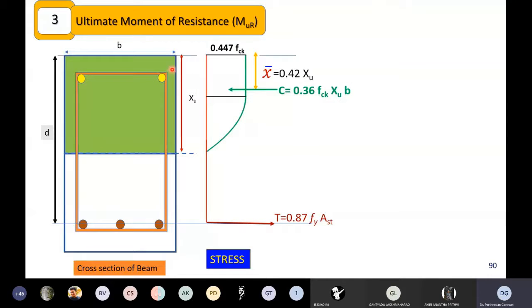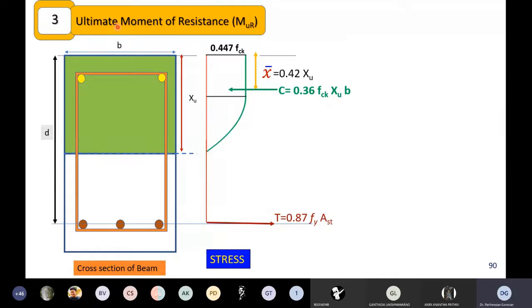Next, the third one is ultimate moment of resistance, that is MUR. How will you find out the ultimate moment of resistance? In the cross section, the first formula, limiting depth of neutral axis, we found from the strain diagram. In the second formula, actual depth of neutral axis, we found from the stress distribution diagram by considering the equilibrium of the compressive and tensile force.